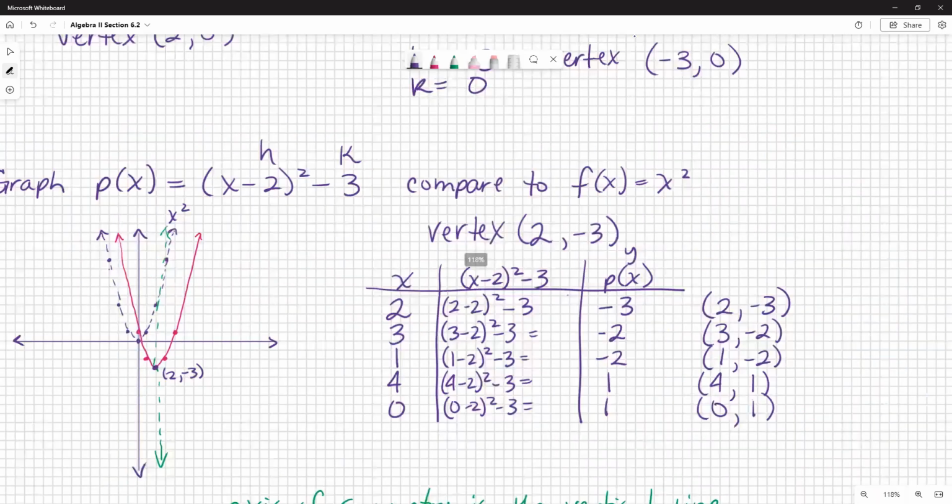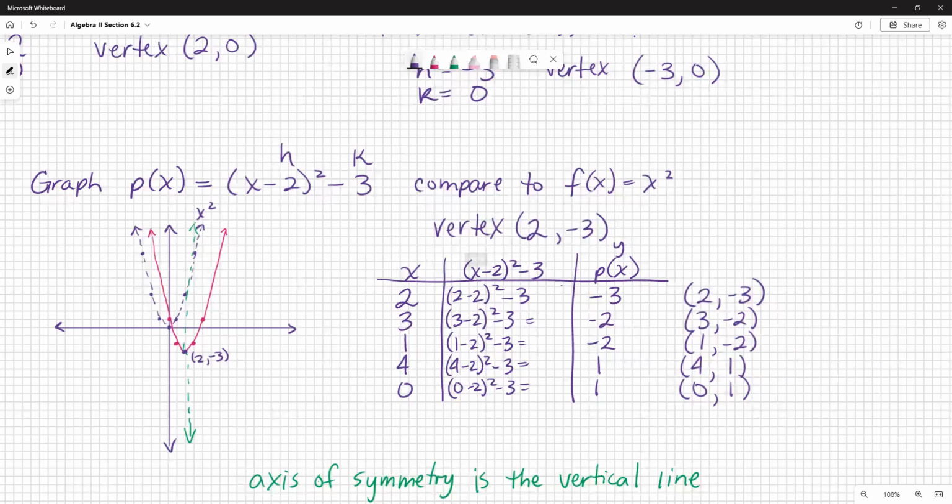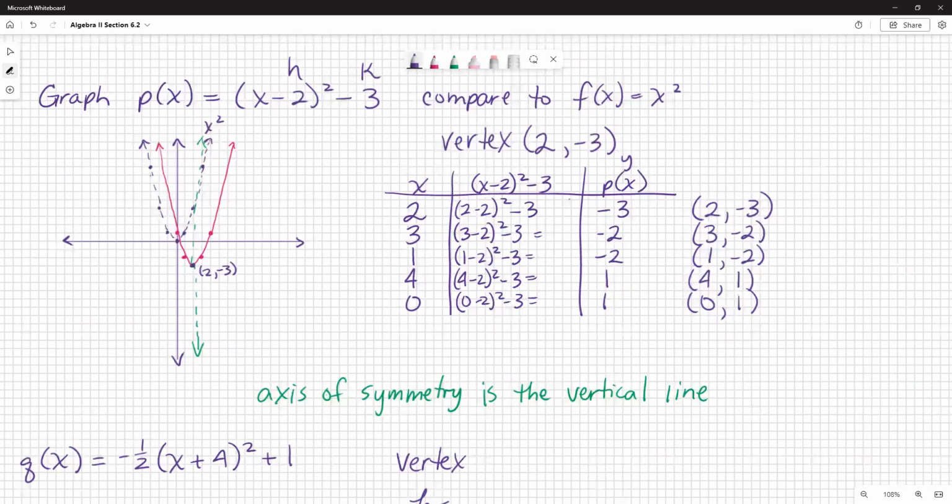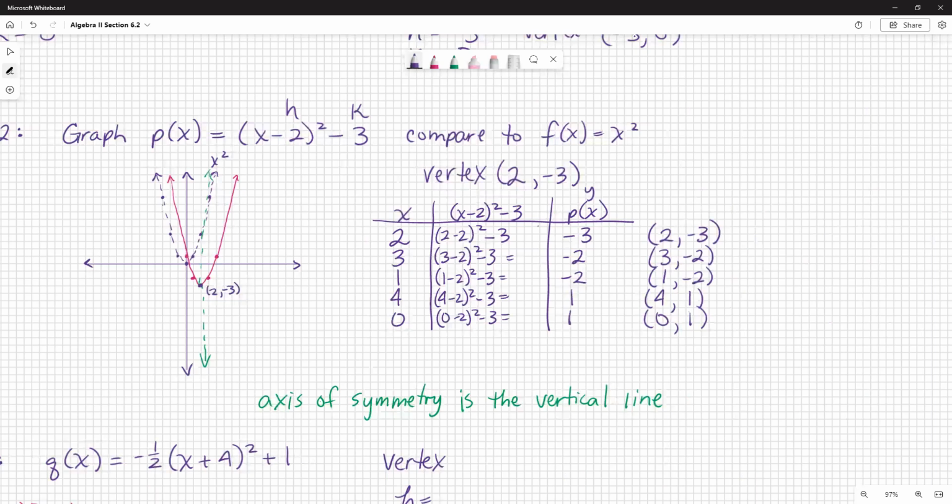And that makes sense because it's positive and it's just your standard x squared. The purple dotted one there is my x squared, my parent function. All right, so one other thing important to notice is the axis of symmetry.